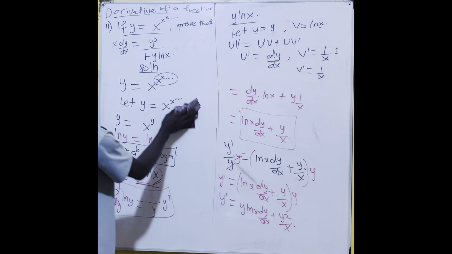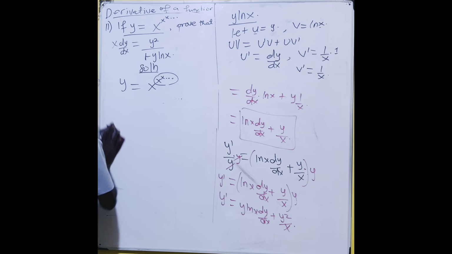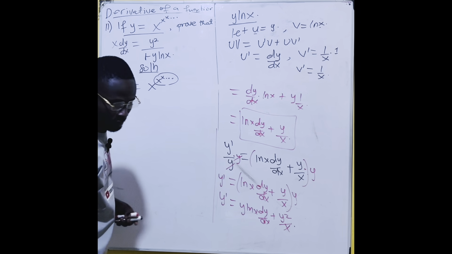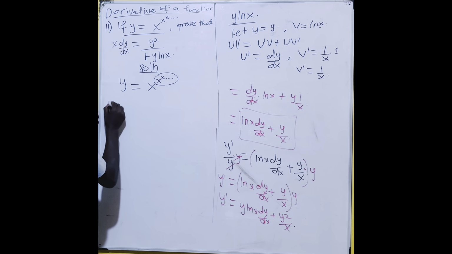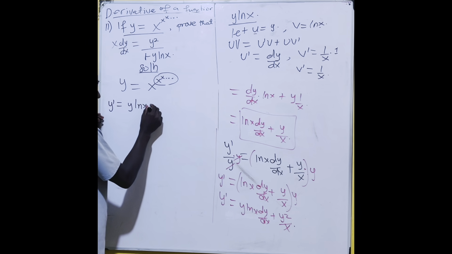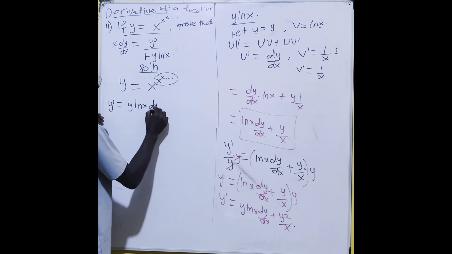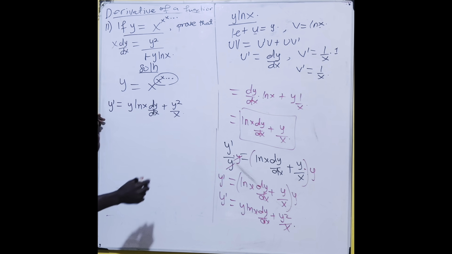So we come up here, then we say that y prime is equal to y ln x dy/dx plus y squared over x, right?